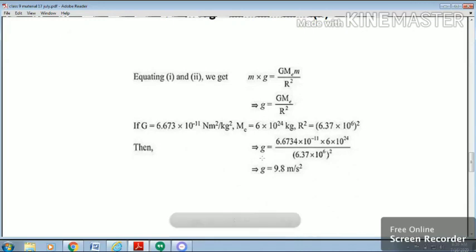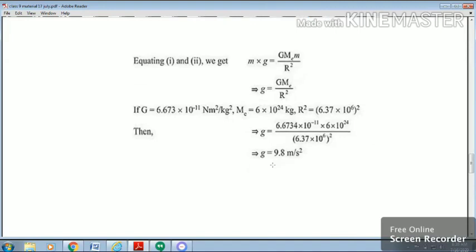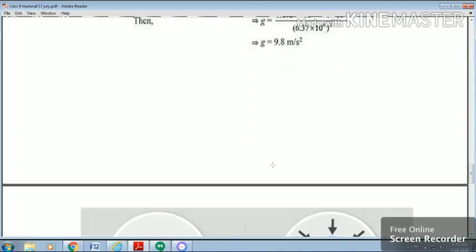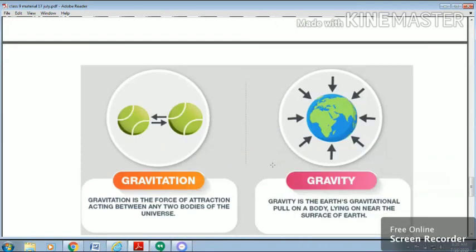Just substitute the values. Mass of the earth 6 into 10 to the power 24, a round figure. Radius 6.37 into 10 to the power 6, square it. When we substitute it, you get the value as 9.8 meter per second square. These two, small g and capital G, always confuse us.